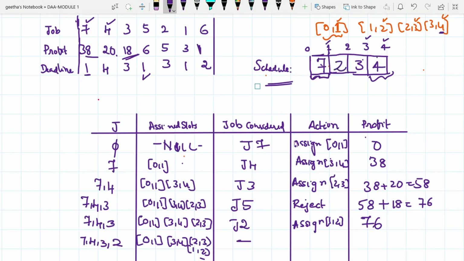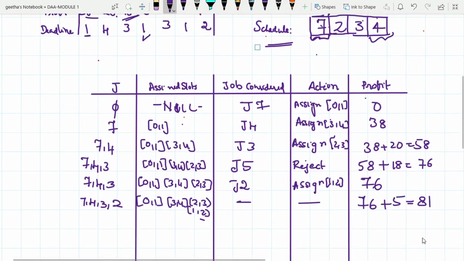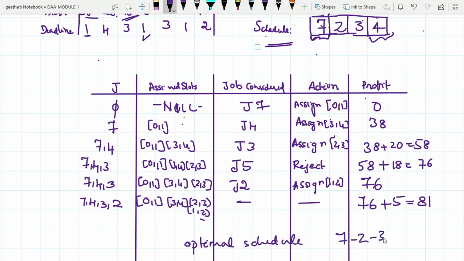The schedule goes like this: 7, 2, 3, 4. The action is nothing. The total profit is 76 plus 5, that is 81. So the optimal schedule is 7, 2, 3 and 4.